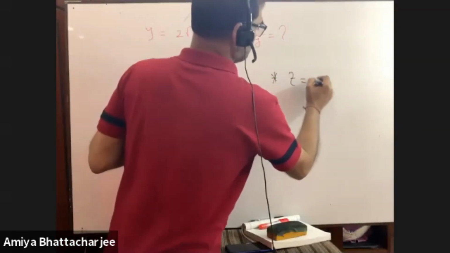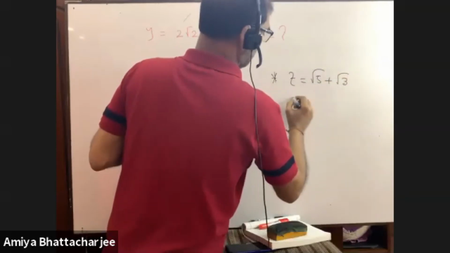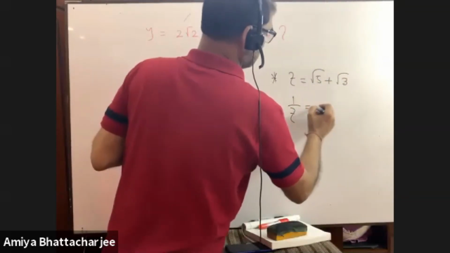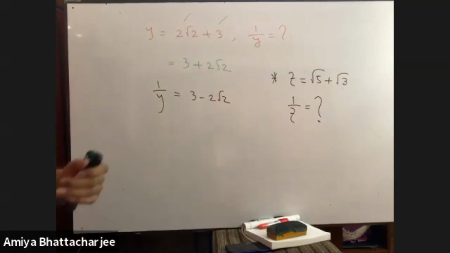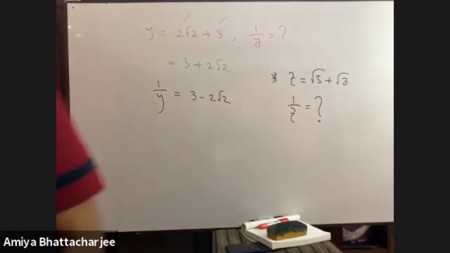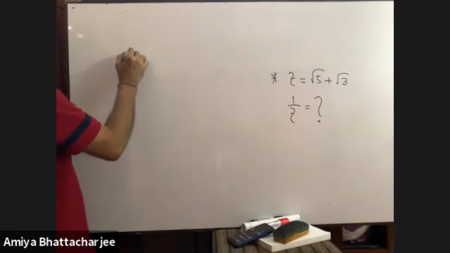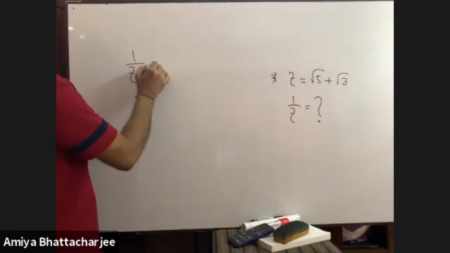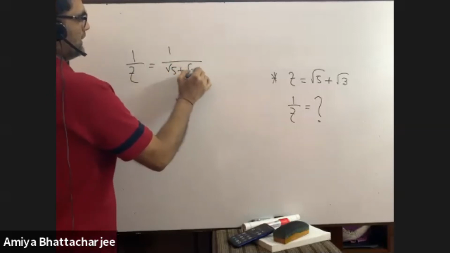z equals root 5 plus root 3. What is the value of 1 by z? Time 10 seconds. Doing this math, we have 1 by z equals 1 by root 5 plus root 3.